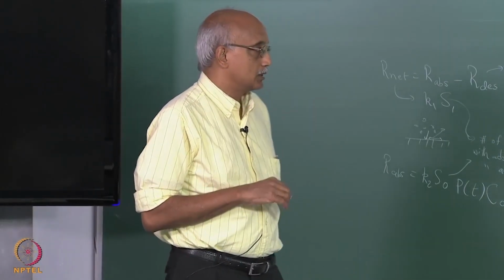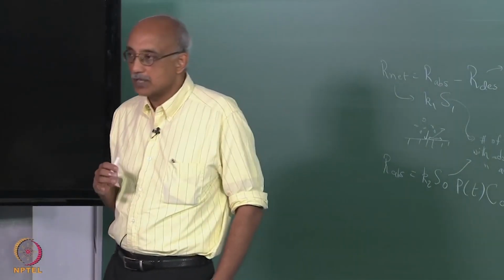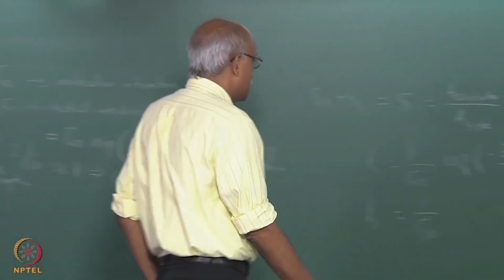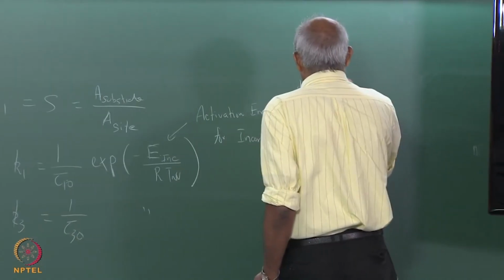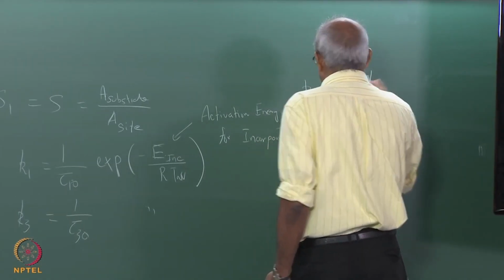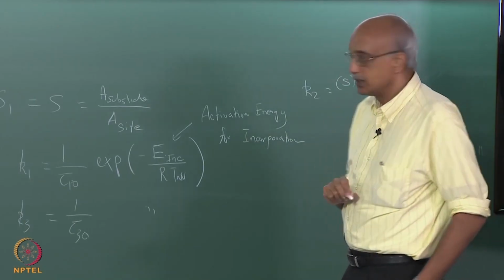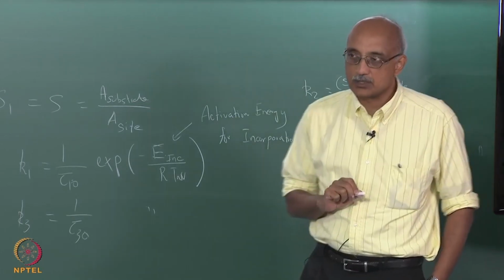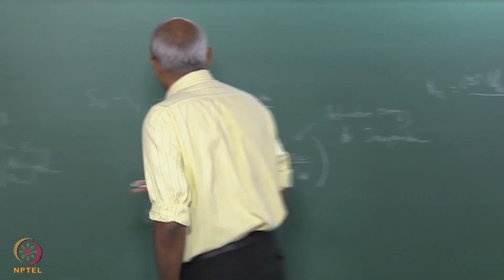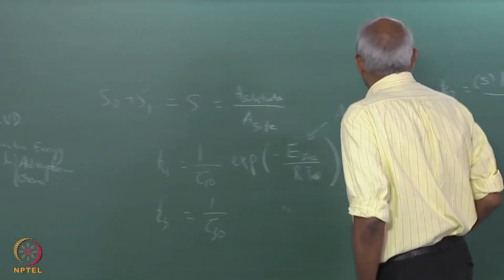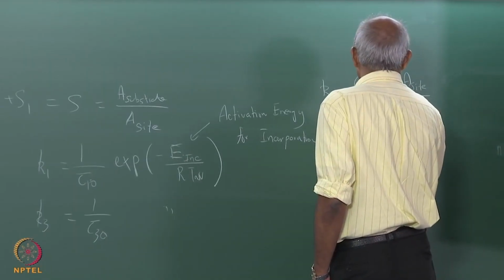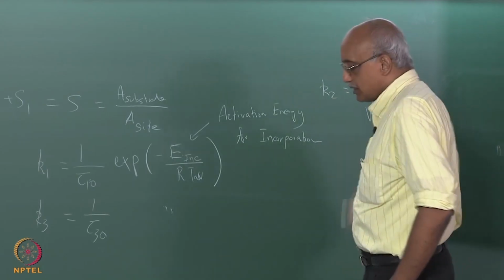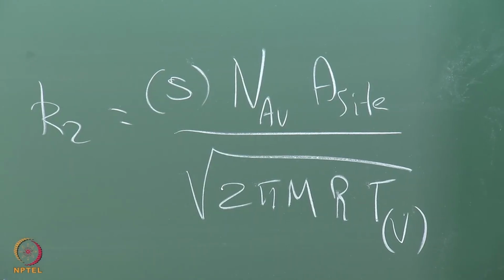If you want to derive this from the molecular theory of gases, then you have to go back to the Avogadro number, sticking coefficient and so on, and it is actually written as S, the sticking coefficient or sticking probability, times the Avogadro number times the area of the absorption site, that is the same parameter as this, divided by square root of 2 pi m R T v, where this T v now is the temperature of the vapor zone.